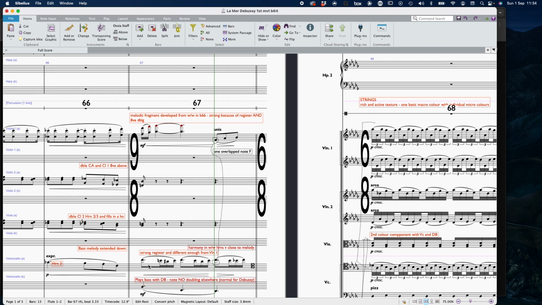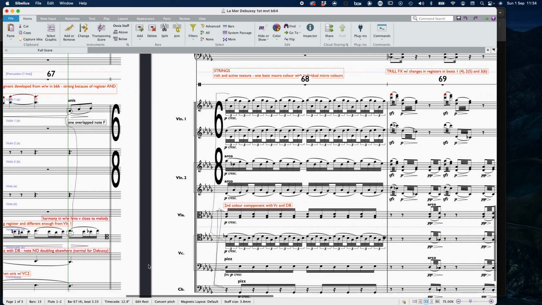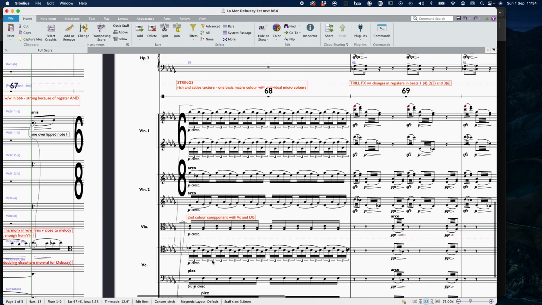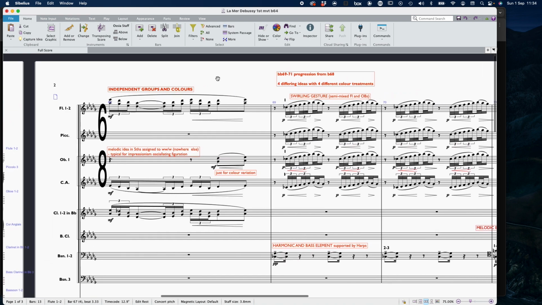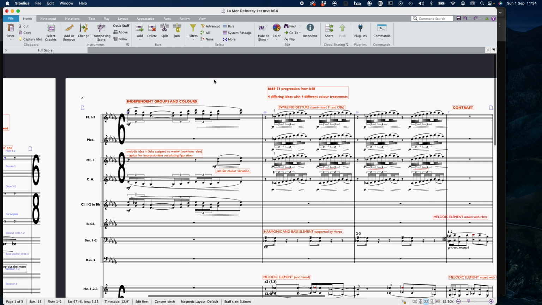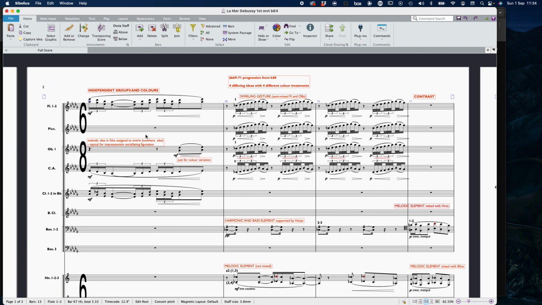Yes, and notice how the cellos really bite through very strongly because they're in a very good register. So the next section is all about independent groups and colours. And the first thing to note is this fifth type of sound, typical of pianistic work, like that.